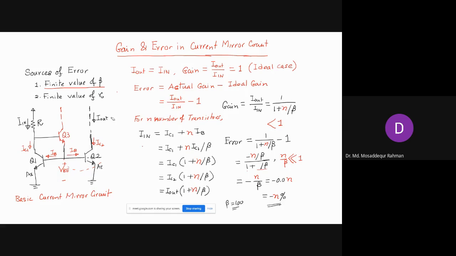So coming back to our basic current mirror circuit, to that we add another transistor Q3 between Q1 and the base of this.